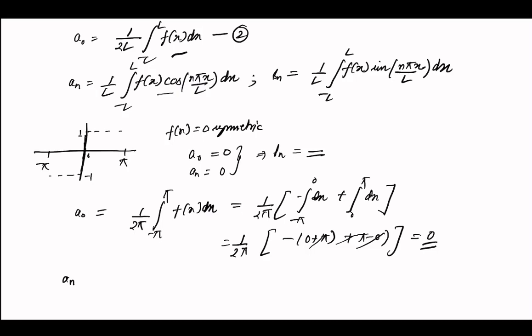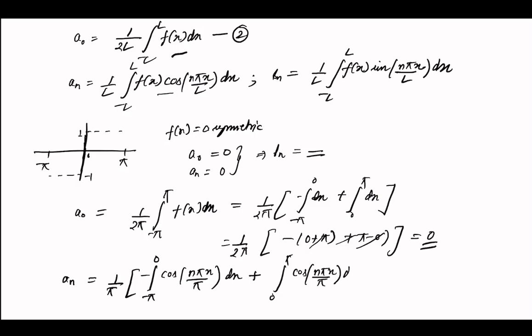Similarly, when you calculate an, you will get minus of the integral of cos n pi x by L, where L here is pi, dx, plus the integral from 0 to pi of cos of n pi x by pi dx.